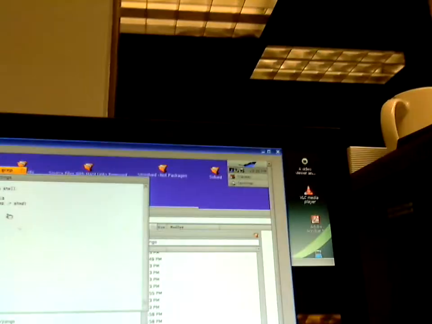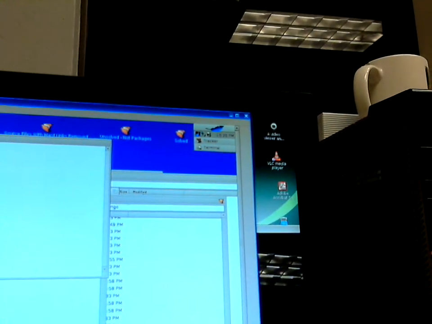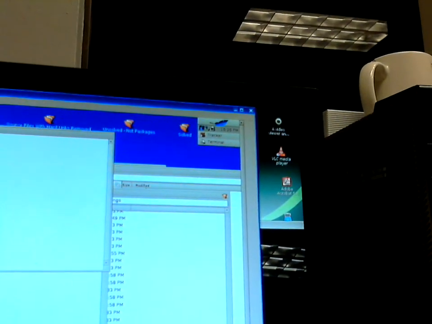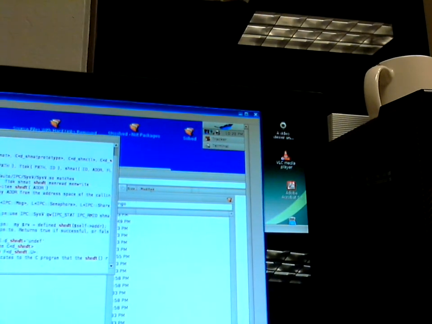Go here, grep -r. Have grep search all the libraries until I get my symbol. Okay, so that's Perl.